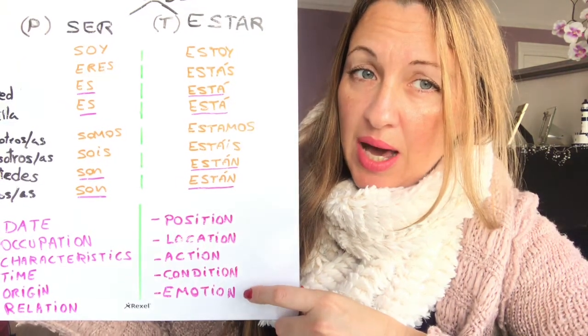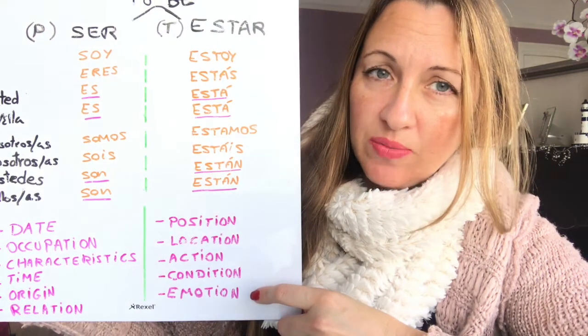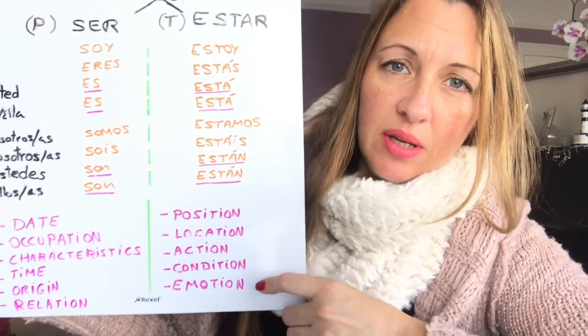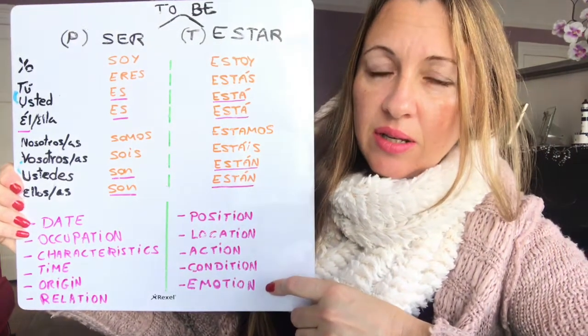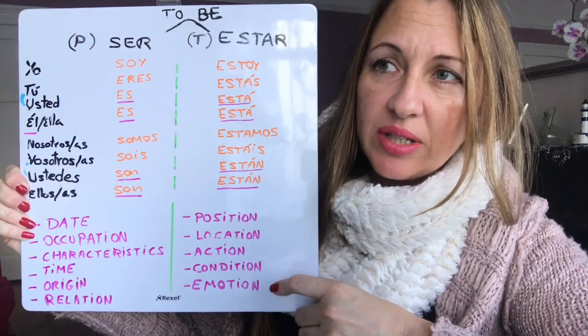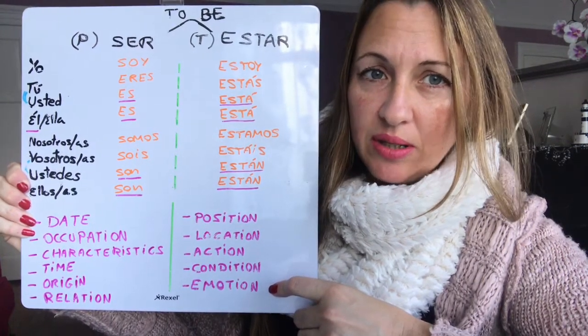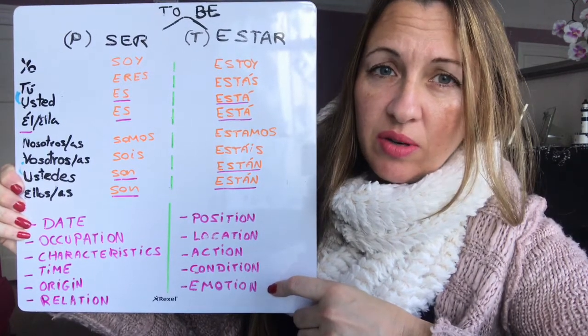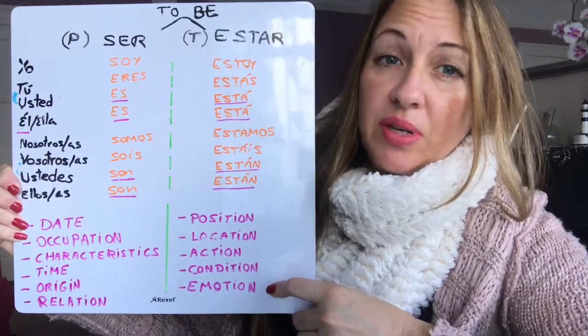Now, with the happiness emotion, we can use both, either ser or estar. Ser is used when we think that we are happy in general. We're content with our lives, so we believe that we are happy in general.